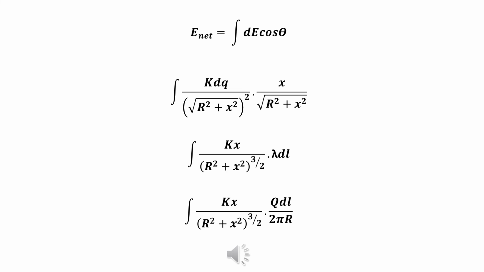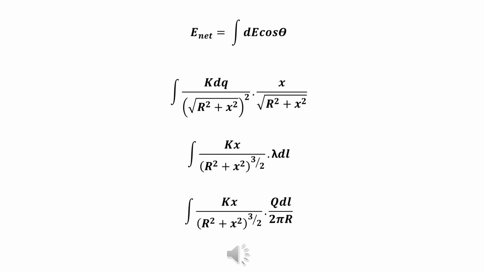We have already found the value of the elemental charge dq, which is equal to lambda dl, and the value of lambda is equal to q by 2 pi r. Putting all these values in the formula of electric field, we will get the elemental electric field dE equal to k dq by r square plus x square.